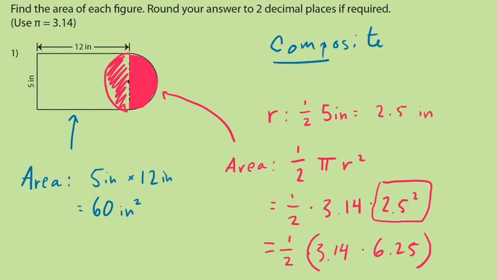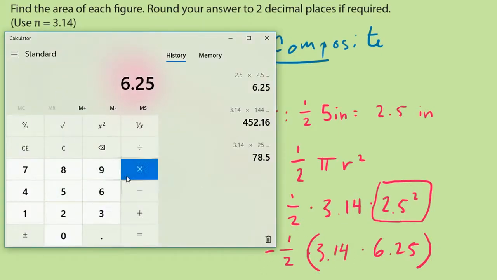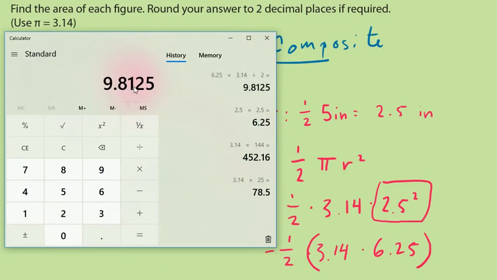That'll be 1/2 times pi times r squared. So the area that we want is equal to 1/2 times 3.14 times 2.5 squared.